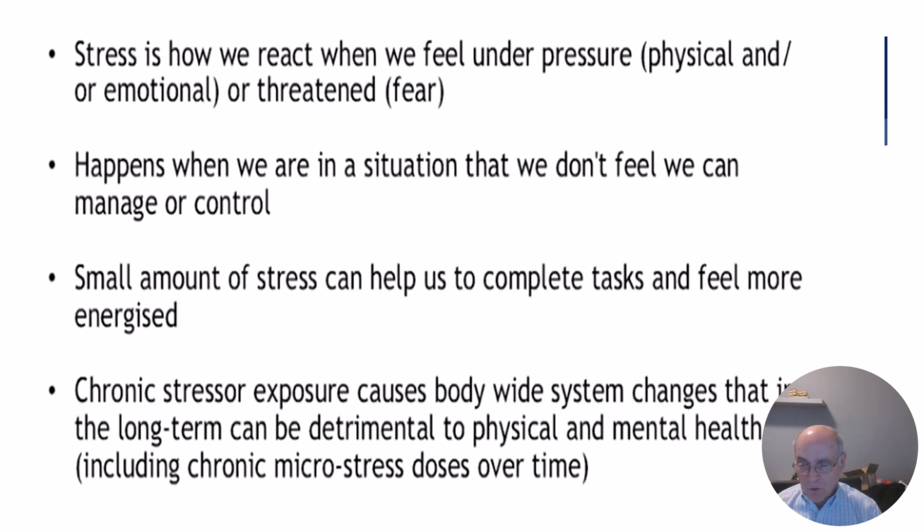The problem is if you don't combat it with the opposite part of the autonomic nervous system or the parasympathetic nervous system, which is the rest and digest, you have a problem because you become more sympathetic dominant. That's the gas that's driving this whole inflammatory response.